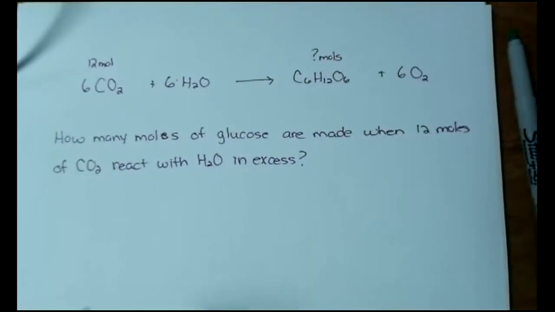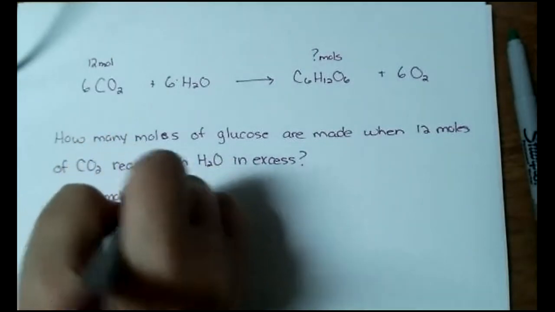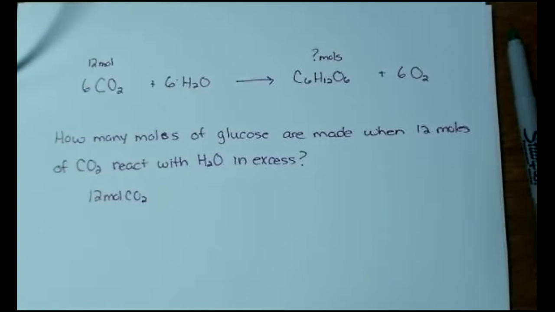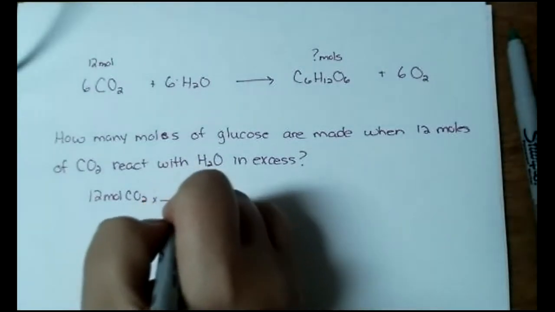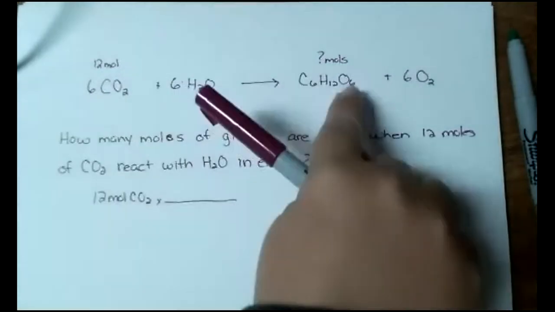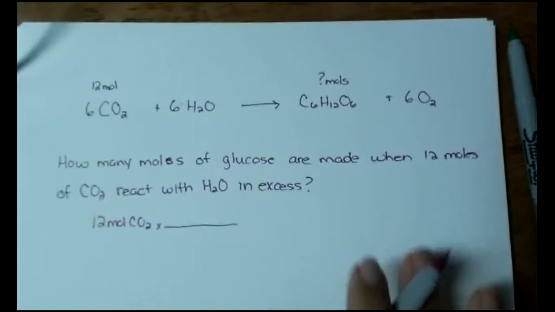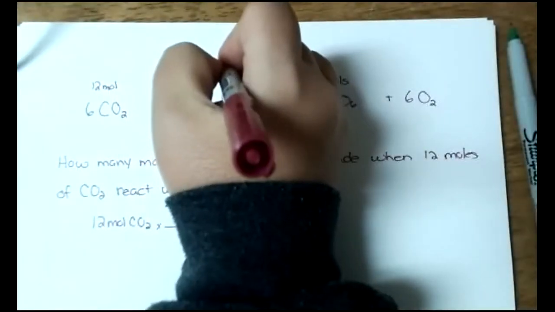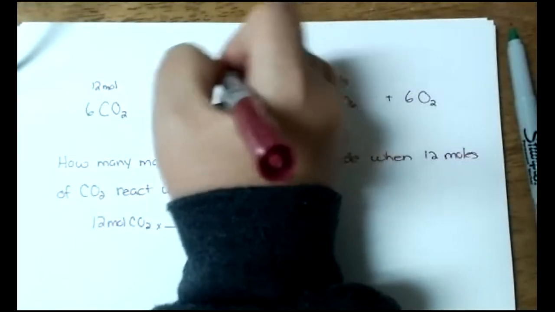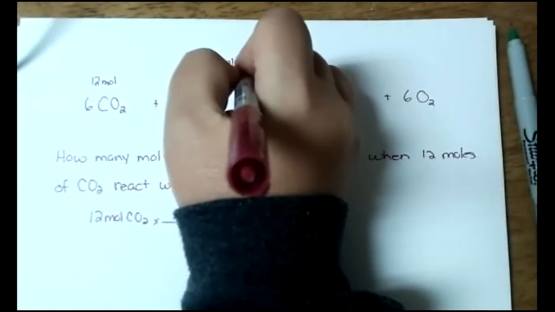So we always start with our given, 12 moles CO2. And then to bridge the gap between this reactant and this product, I have to use my mole ratio. And I know that there are 6 moles of CO2 for every 1 mole of glucose.